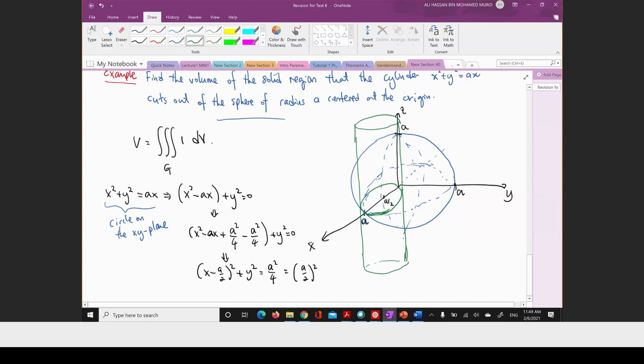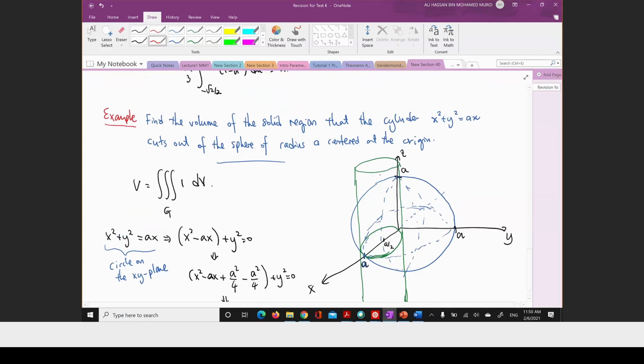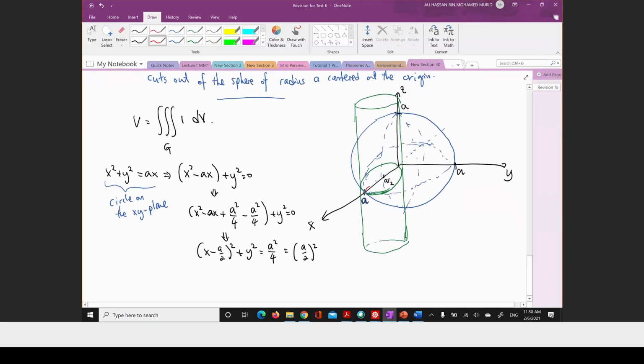So, can you imagine this object G, which is the intersection of a sphere and cylinder? Must be something that looks like this, right? Isn't it? The intersection of a cylinder and the sphere.